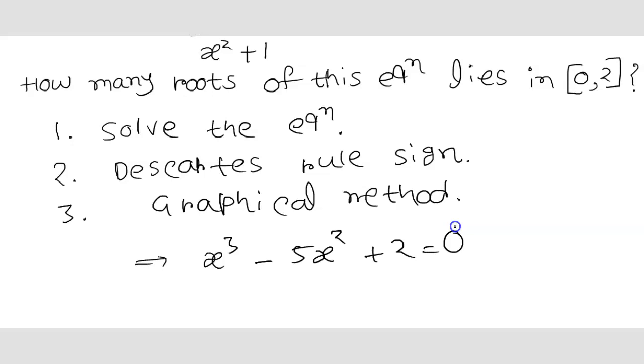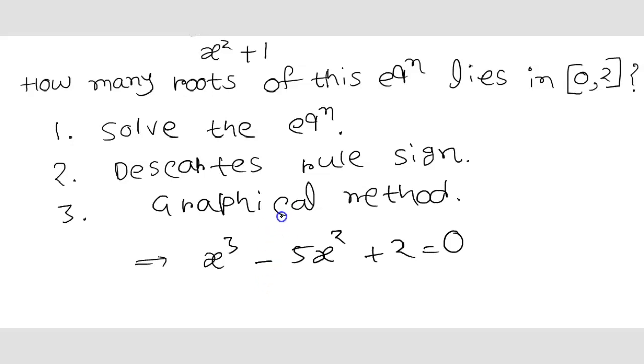And I can guarantee that solving a cubic equation is not as easy as a quadratic equation. So if we apply the first method, solving the equation, it might be tough. So we can apply Descartes' rule of signs.